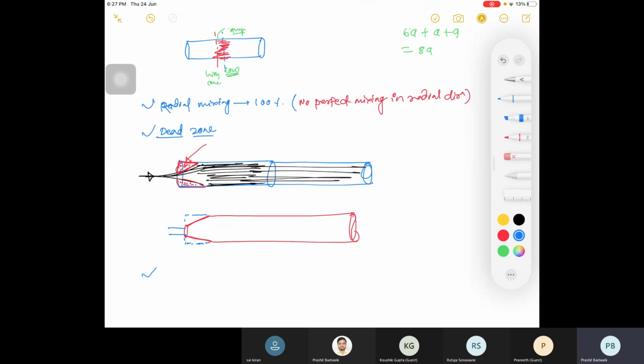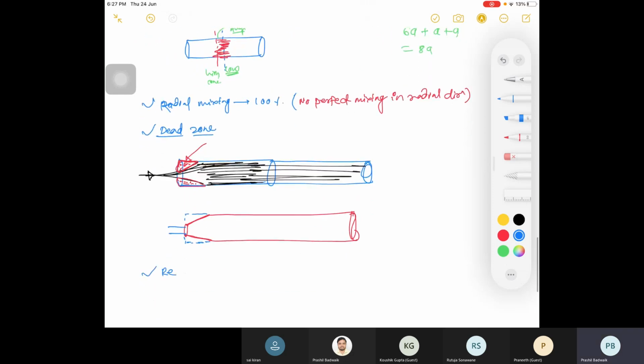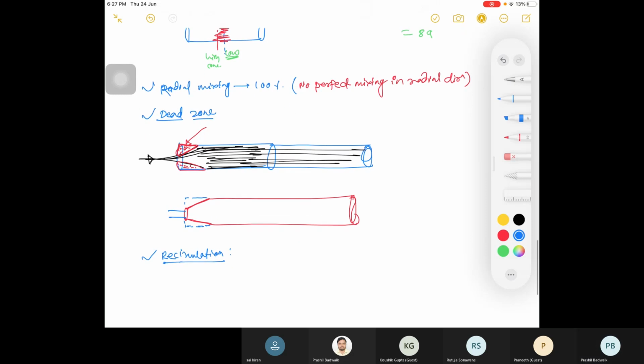Then next non-ideality will be recirculation. हो सकता है, पॉसिबल है. Recirculation. Molecule एक बार अंदर गया तो it is circulating again and again. It is not coming out of your reactor. Suppose this is your packing. It should go on surface and it should come out. क्या हो रहा है?